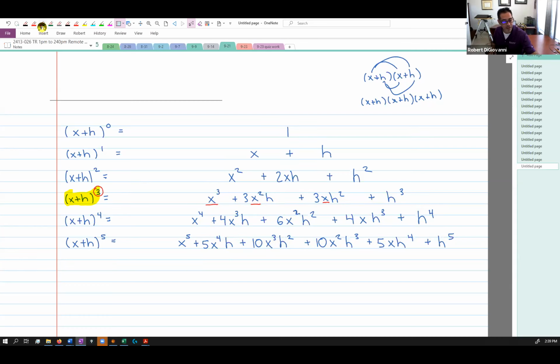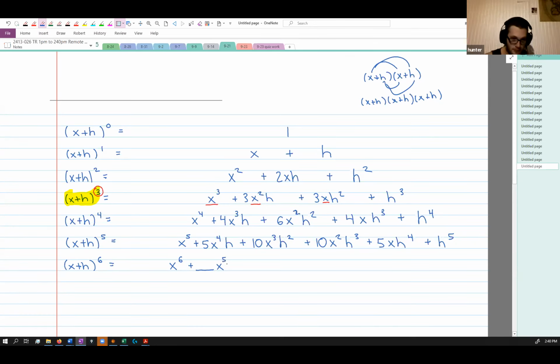So let's do the next one, and I'll get to the constants. Let's just see if we can take care of the variables first. I know this one should be x to the sixth, plus some number here, but I'm not sure what it is yet. Then x to the fifth, and then an h is going to appear.